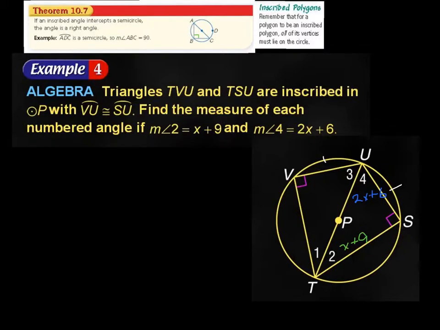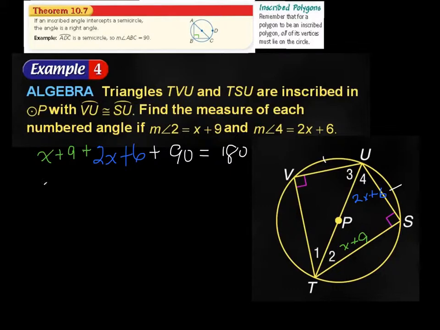So we can see that these are the three angles of a triangle, so we know they're going to add up to 180. So x plus 9 plus 2x plus 6 plus 90 for the right angle equals 180.